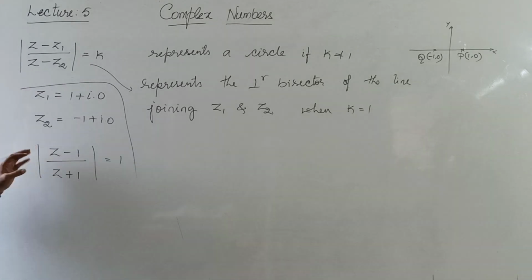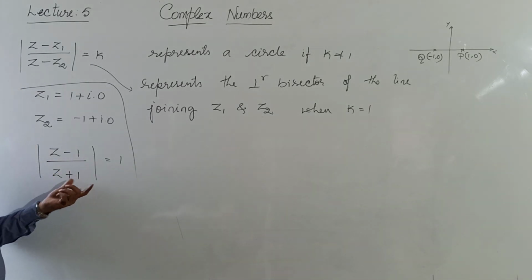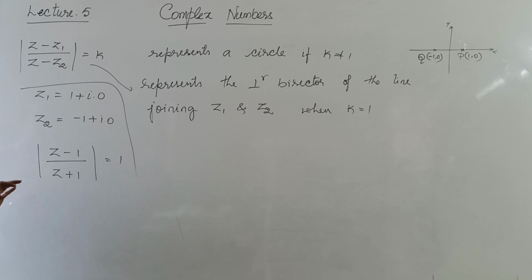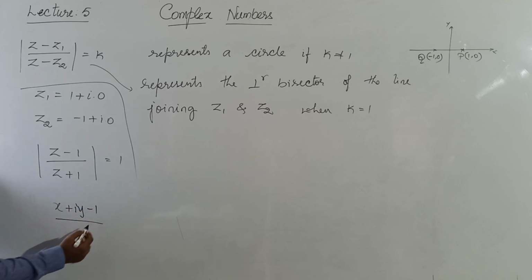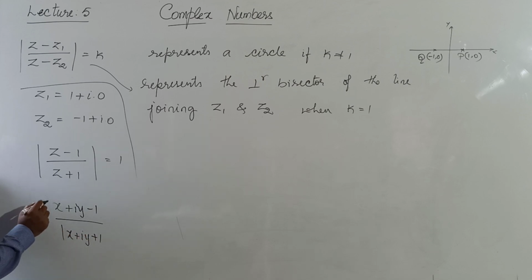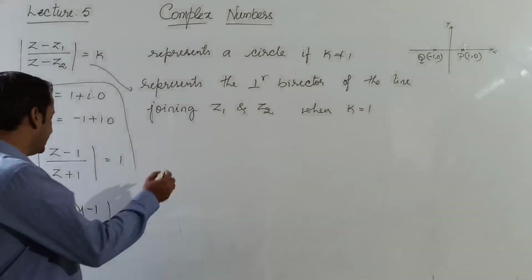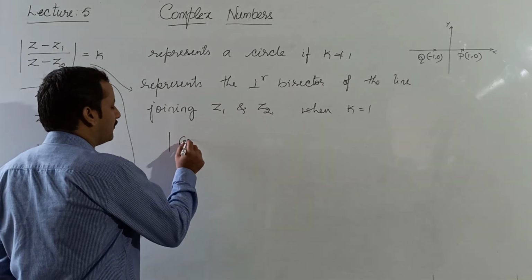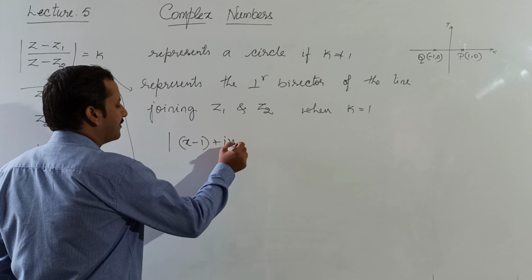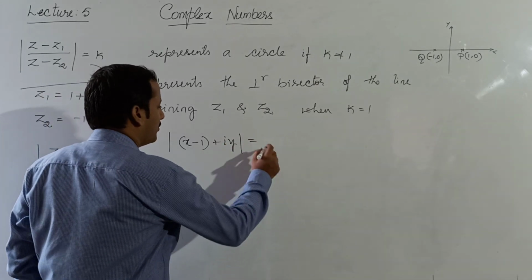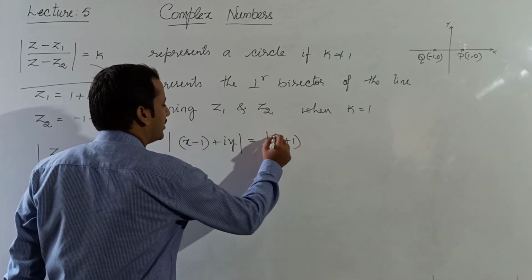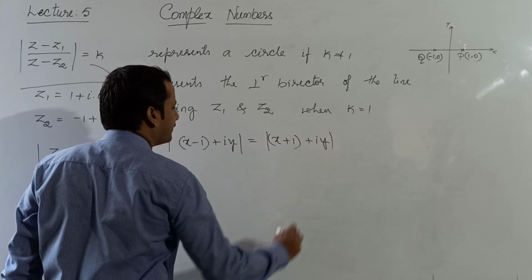Okay. Say mod (z minus 1) by (z plus 1) is equal to 1. Z I will take as x plus iy. So mod of (x plus iy minus 1) divided by mod of (x plus iy plus 1) is equal to 1. I will cross multiply here. I can write this as modulus of (x minus 1 plus iy) is equal to modulus of (x plus 1 plus iy).